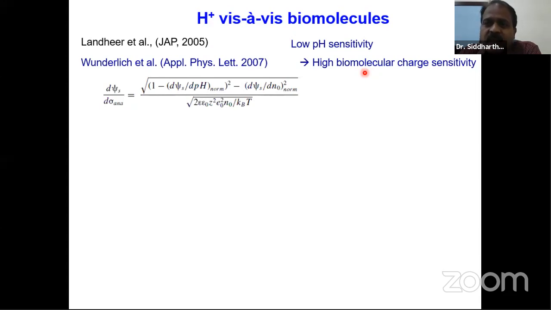So a bad pH sensitivity will show good biomolecular sensitivity. Then Wunderlich gave an analytical theoretical validation for this. And this expression, I'll not go through details out here, shows that if our pH sensitivity is high, then the biomolecule sensitivity becomes low.